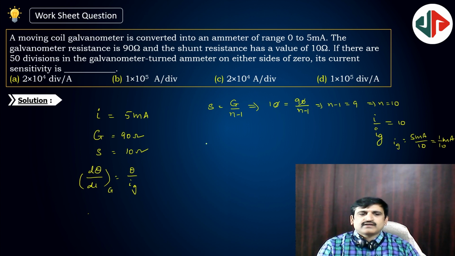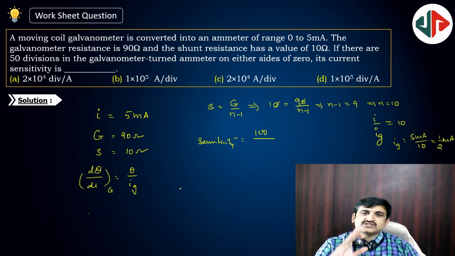Now theta, that is sensitivity, equal to theta 100 divisions, because 50 on either sides, 100. Hey, what is this? Not 1 by 10, it's 1 by 2. 50 divisions on either side.